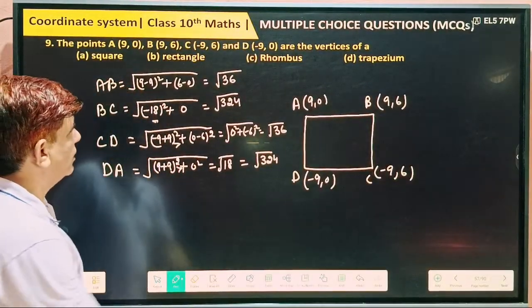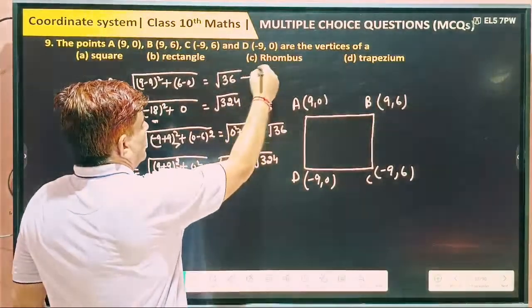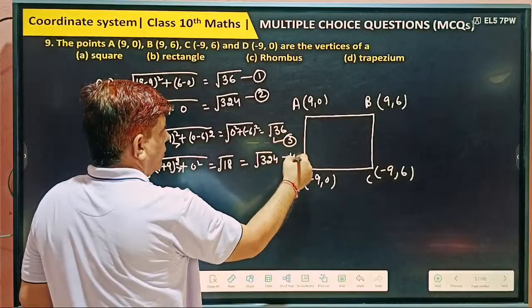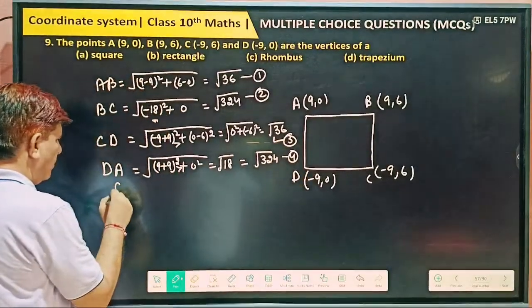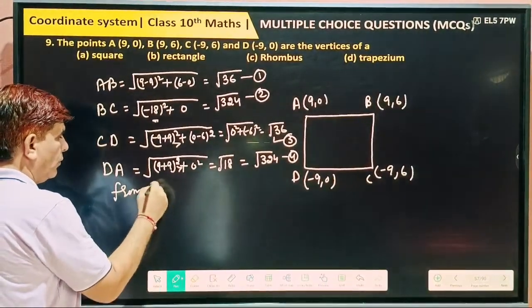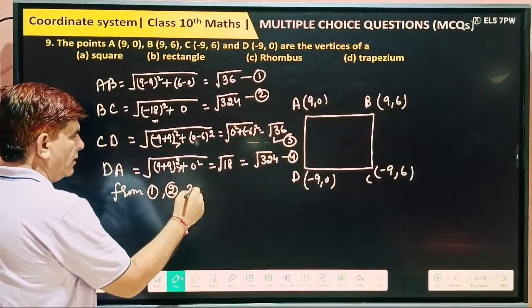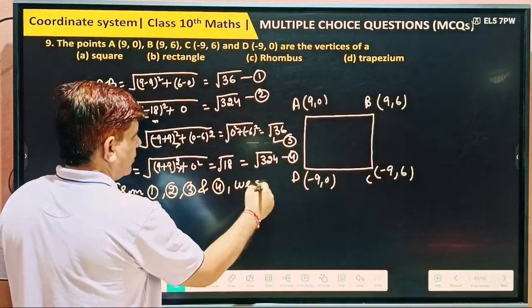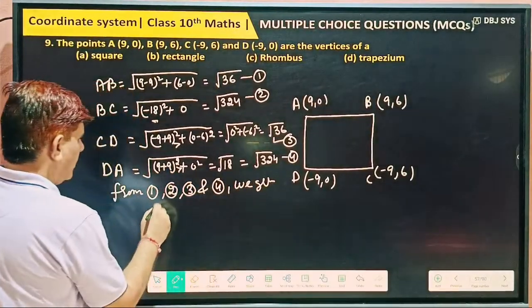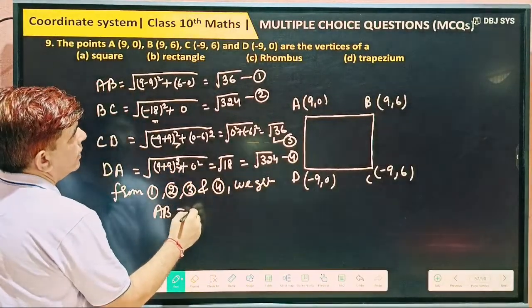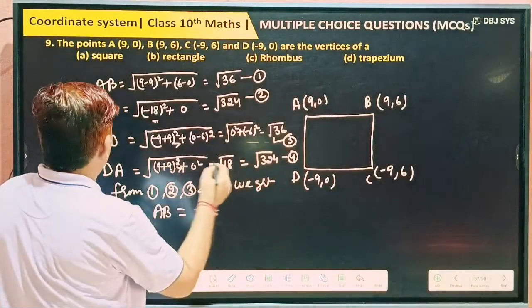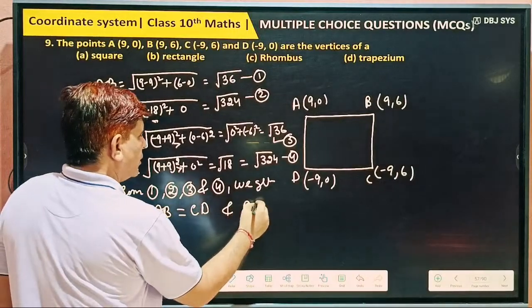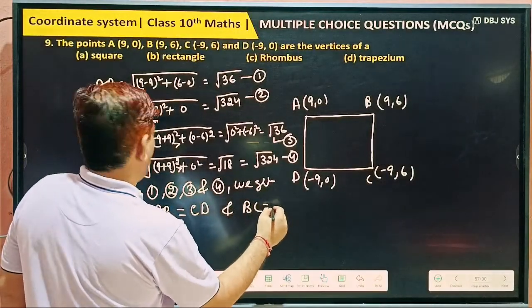So from the first, second, third and fourth we get AB equal to CD and BC equal to DA.